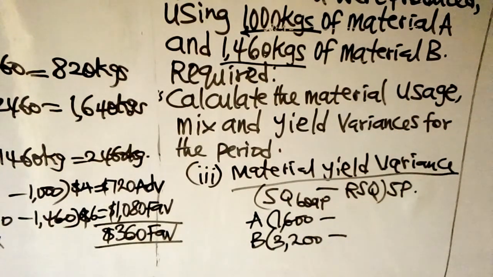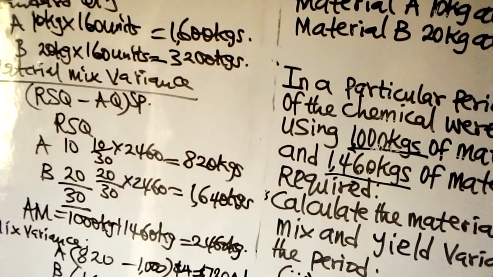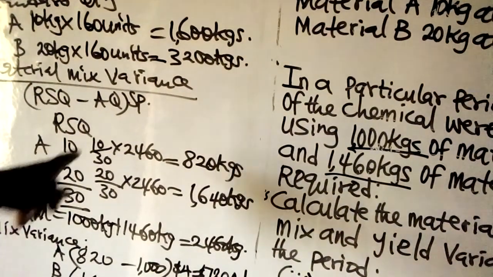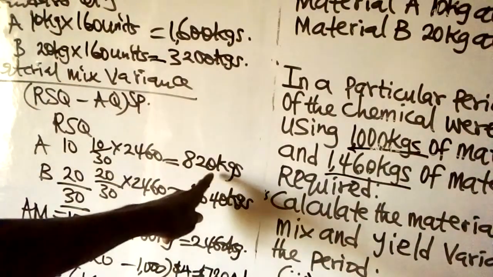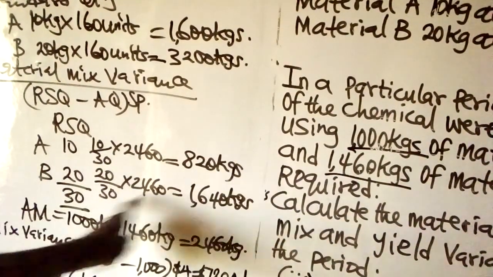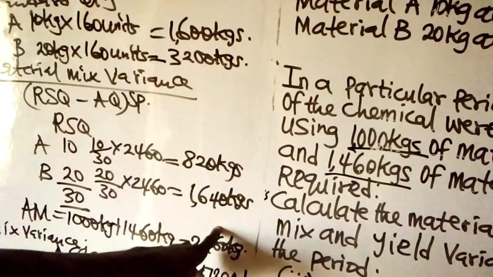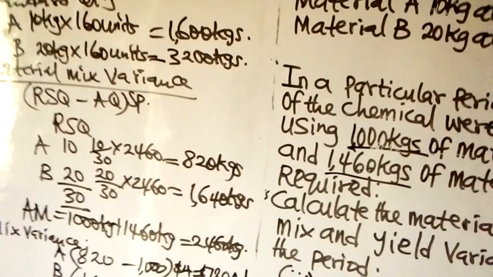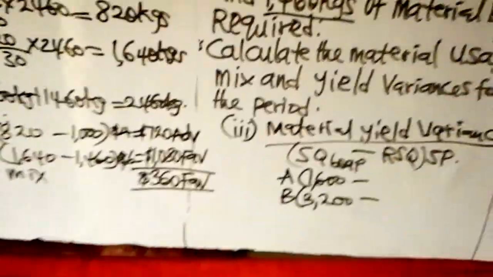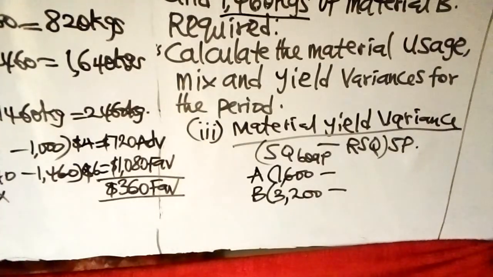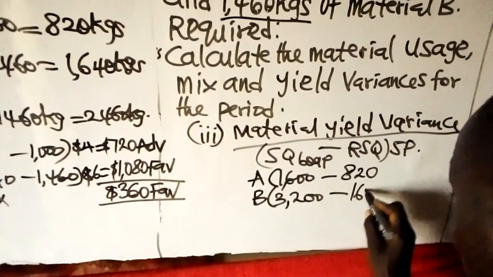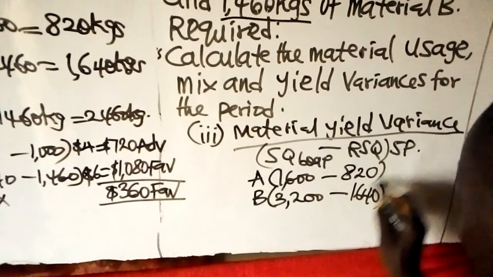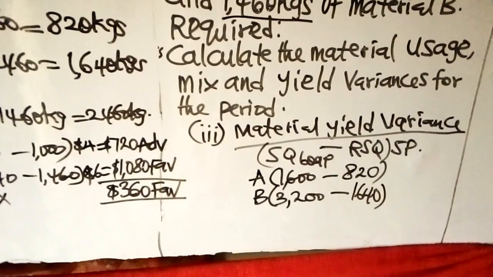Our revised standard quantity for material A is 820 kg, and for material B, 1,640, respectively.